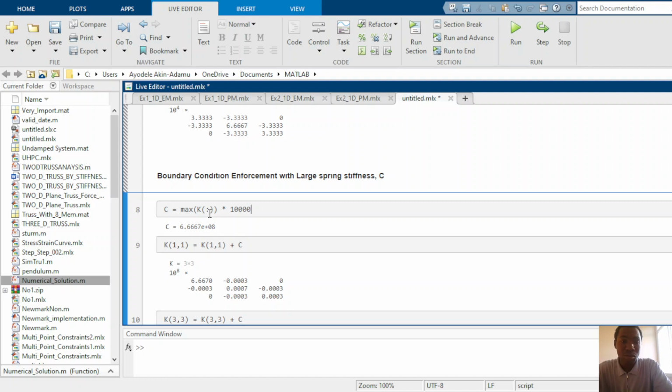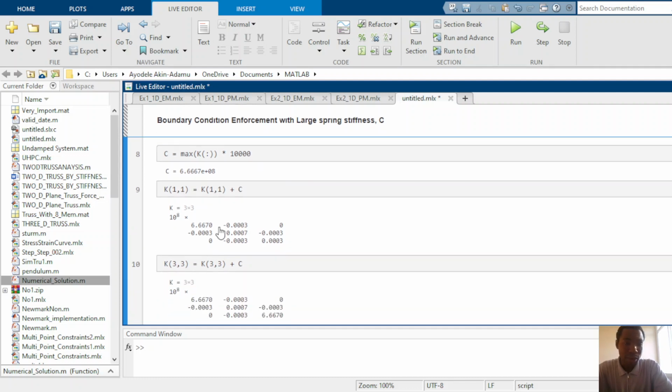So what you just need to do is to input the matrix you want in the max function, and the max function will return the largest value in that matrix for us. So C equals max open bracket K open bracket column, multiplied by 10,000. So C gets evaluated as 6.6667 times 10 raised to power 8.